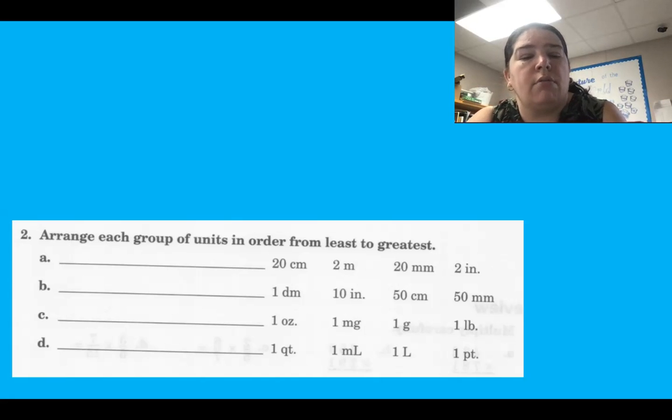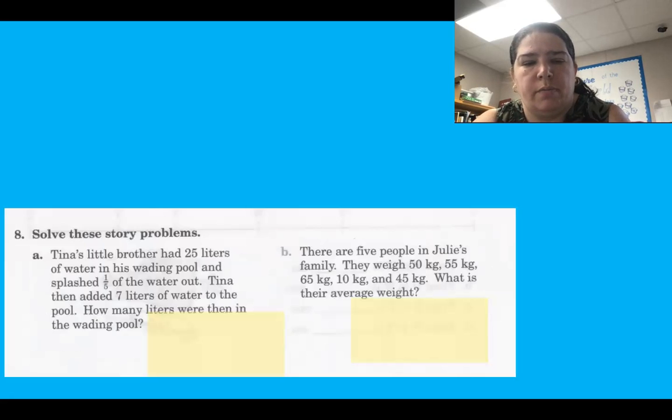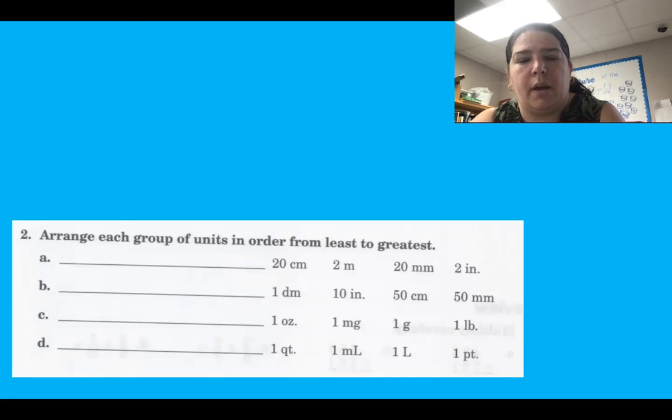The directions say arrange each group of units in order from least to greatest. So the smallest one, which one is the smallest one? The smallest one on letter A should be, good, millimeters is the smallest. 20 millimeters is the smallest.